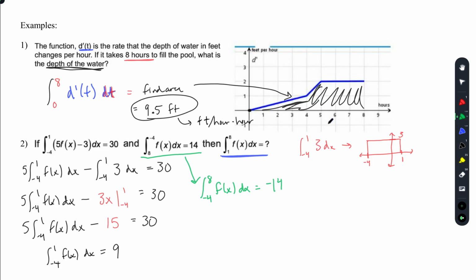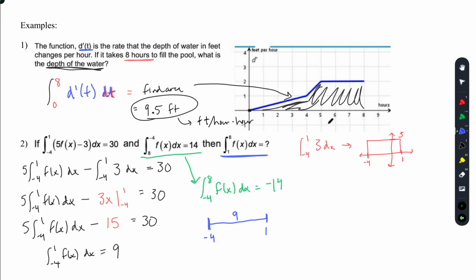And now I should theoretically be able to do something with this. I need 1 to 8, which is kind of an in-betweener with this. What I do for these, again, I'm more of a visual person, is draw a little geometry-style segment. We've got negative 4 to 1. I know negative 4 to 1 is 9.